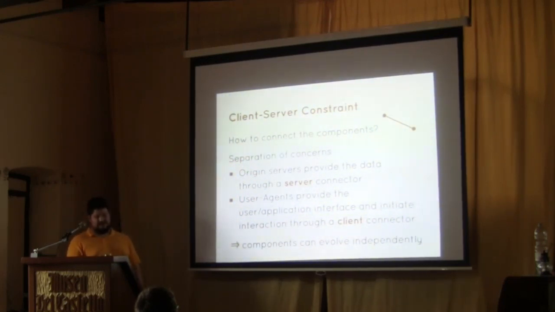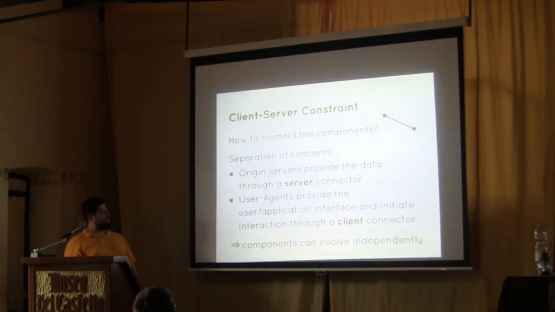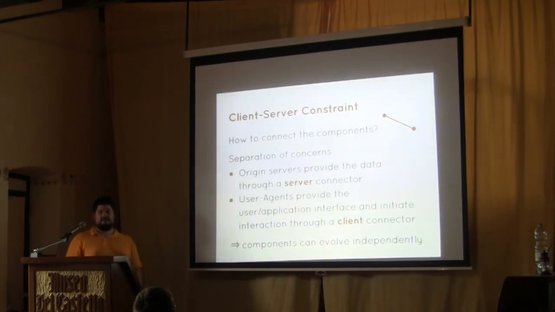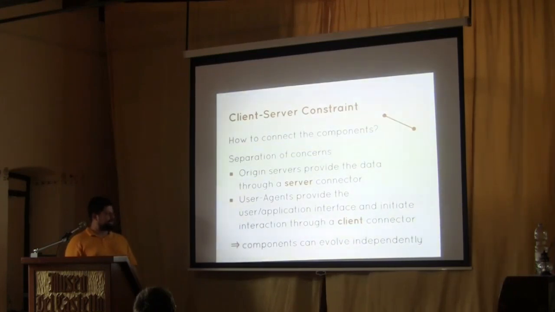The first one is, it's pretty obvious, that's very intuitive. You use client-server to connect the components, and that's basically for separation of concern. So you have the origin servers that provide the data, and then you have the user agents that provide the user interface or the application interface to actually interact with the whole system.